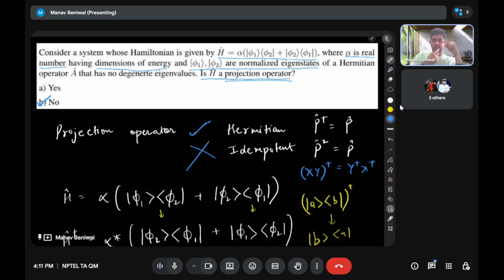We have bra space and ket space, so this dagger essentially takes you from one space to the second space. Any other doubts? No. Okay.